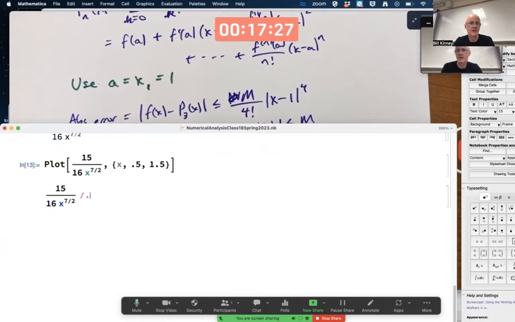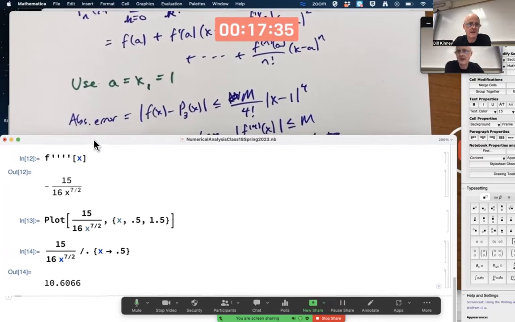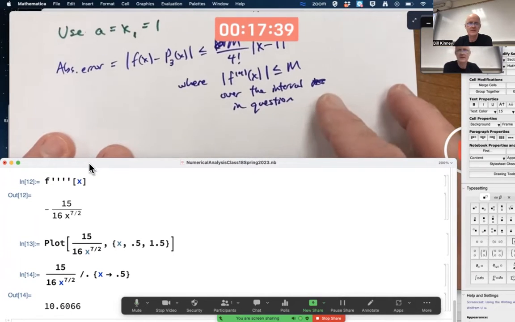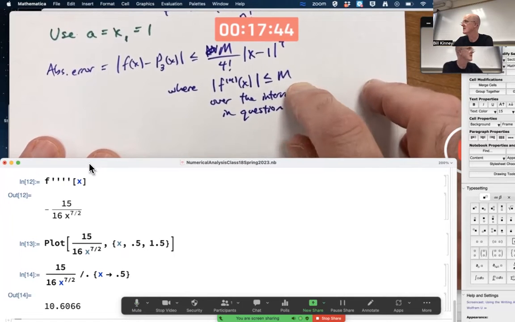Replace x here with 0.5. About 10.6 is the biggest that the 4th derivative will be on the interval from 0.5 to 1.5. So you could take about 10.6 or 10.7 if you want to play it safe for the M.